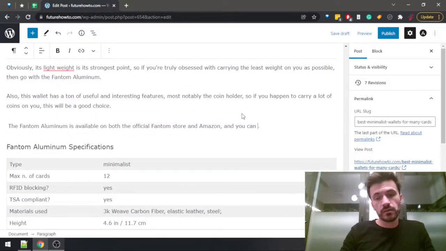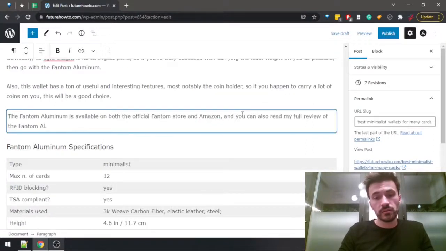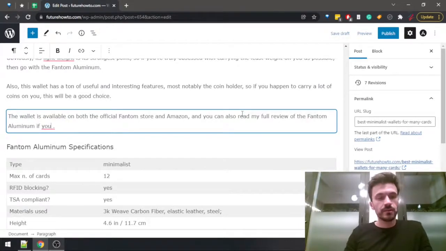And you can also read my full review of the Phantom aluminum if you want to find out more. Let's not say the keyword so many times.